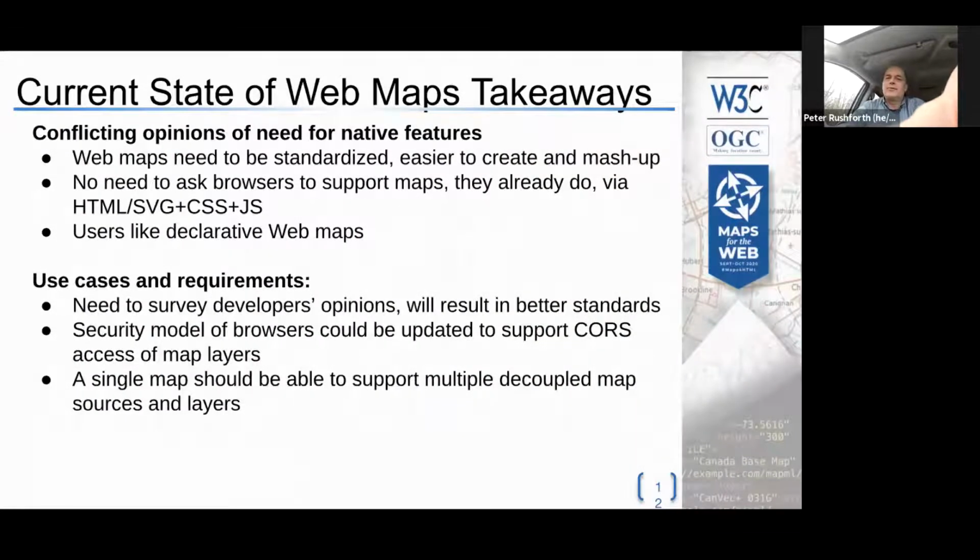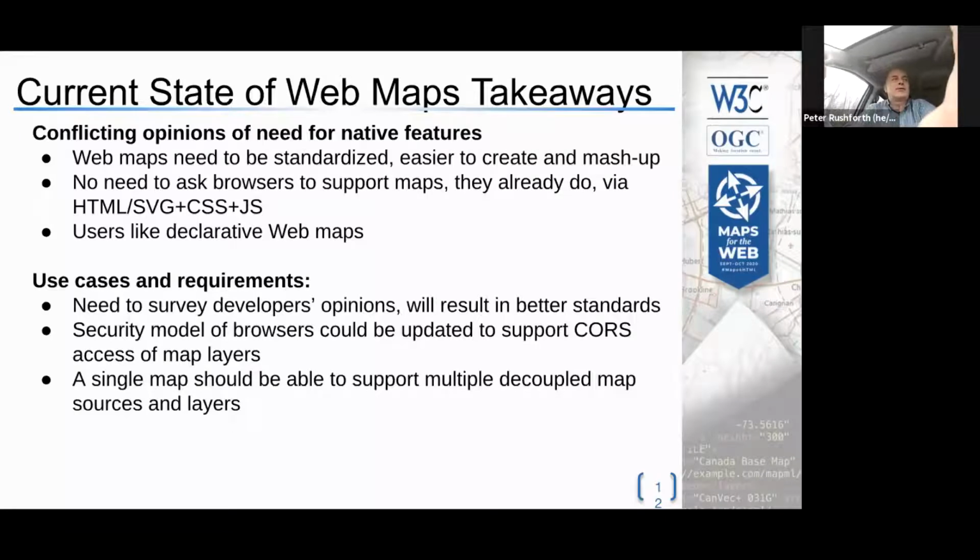So there were conflicting opinions on the need for maps as a native feature of the browser. On the one hand, web maps need to be standardized to be easier to create and mash up. But on the other, people said that there's no need to ask browsers to support maps because they already do via HTML, CSS, SVG, and JavaScript.